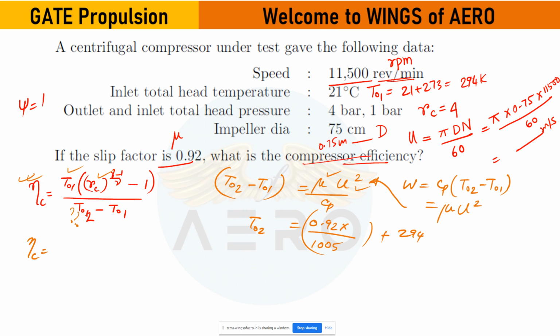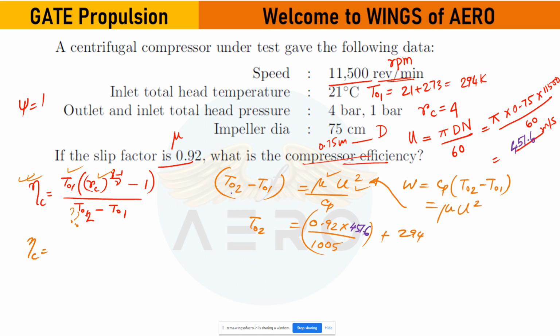Now tell me, what U value are you getting? 451. Okay, 451.6 meter per second. Now you apply over here 451.6.